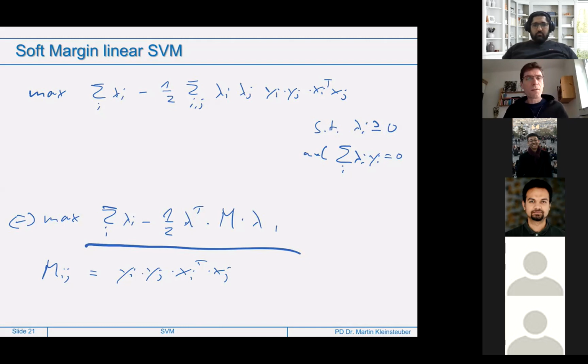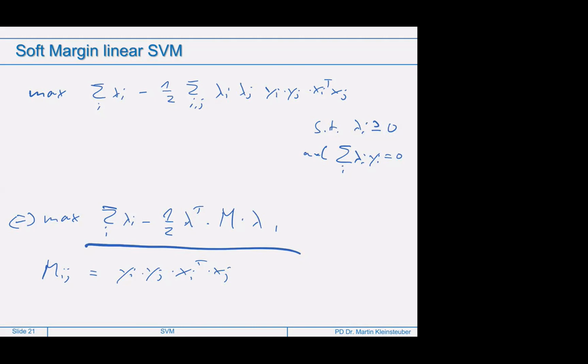So it's a very particular, very easy to solve convex optimization problem where lots of solvers are designed to solve that. You have this linear term, the sum of the lambda I, and you have lambda transpose times this matrix M times lambda, and M is fixed and originates from your data solely.